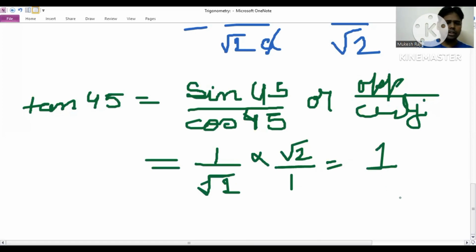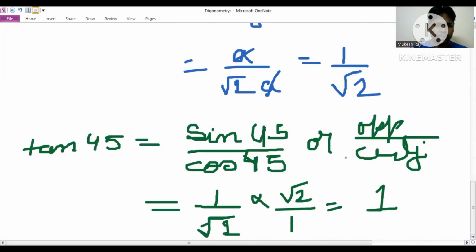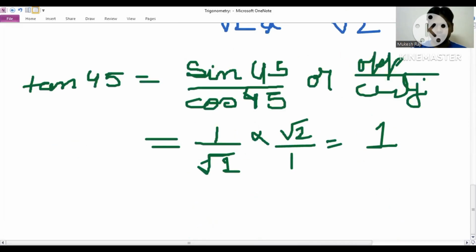And this was the value that we obtained while substituting the values of sine 45 and cos 45, which we have just calculated on the previous screen.